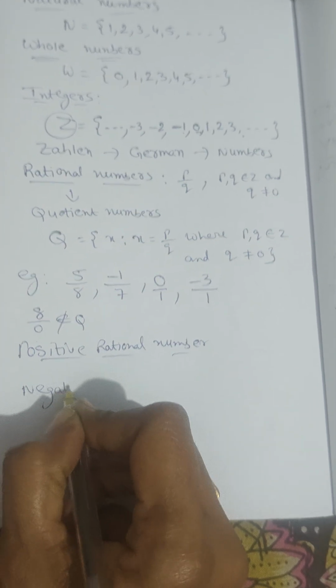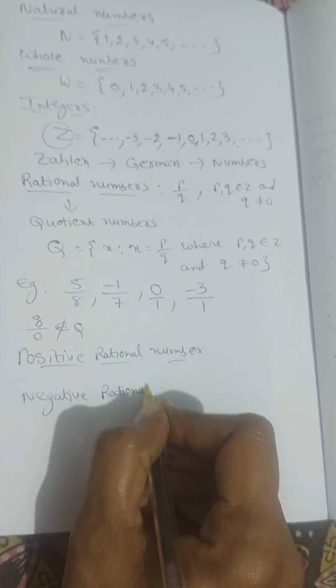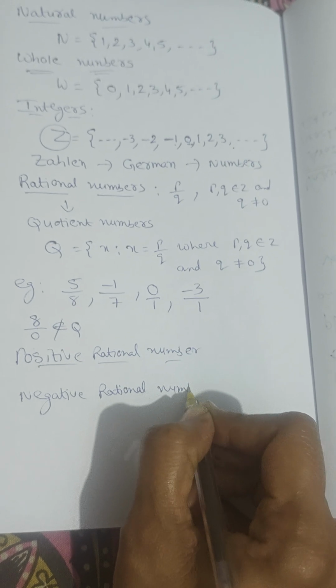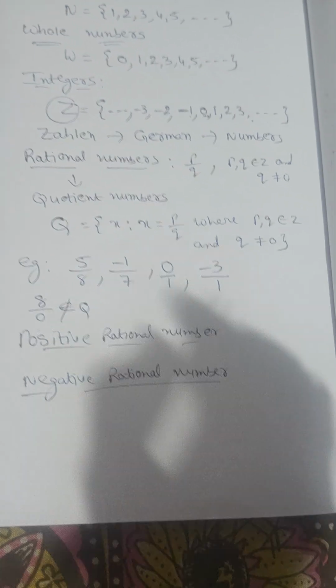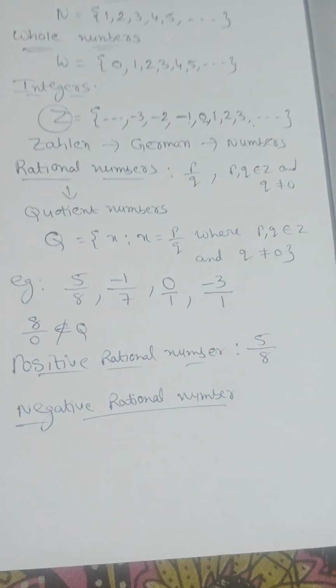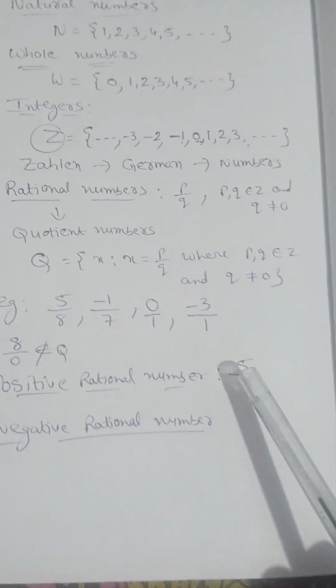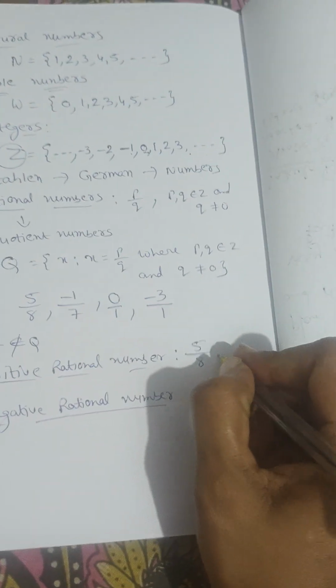What is a positive rational number? In a rational number, if the numerator and denominator contain the same sign, then it is a positive rational number. For example, 5 by 8. What is the sign of 5? Plus. 8 is also plus. Both are positive. It is a positive rational number.